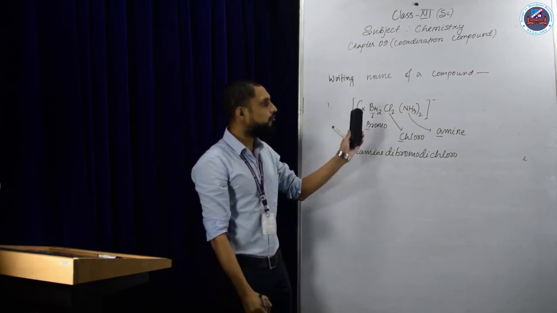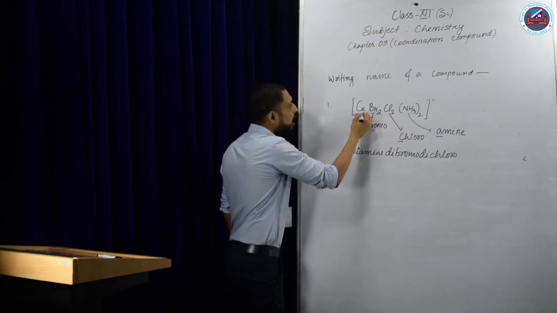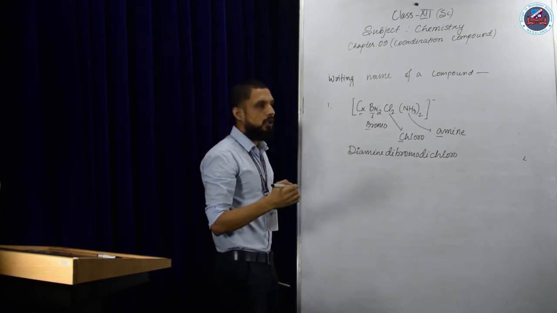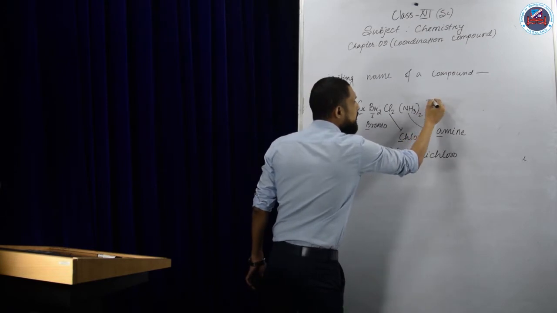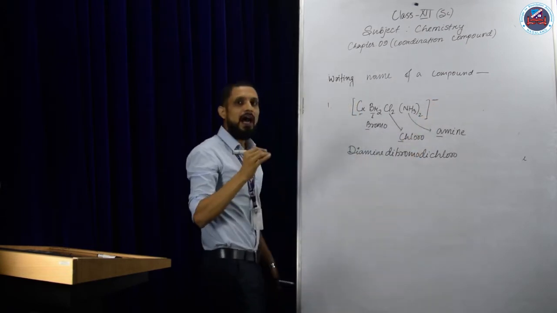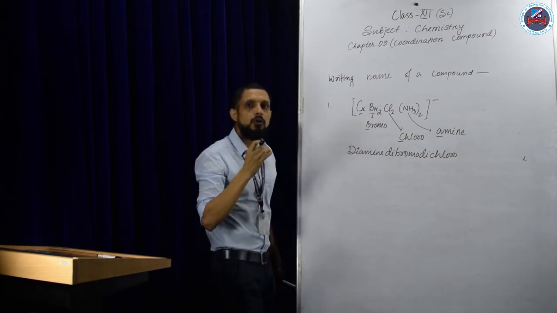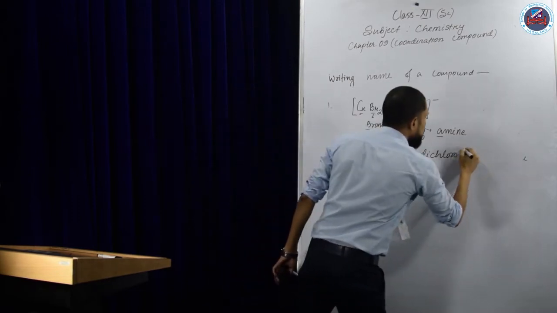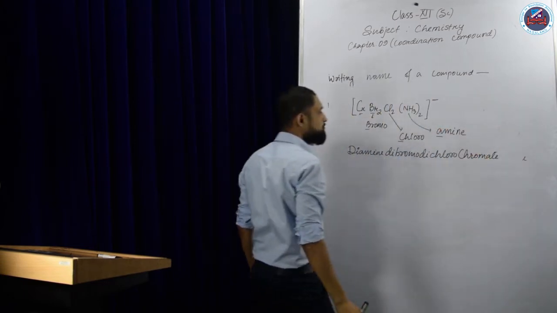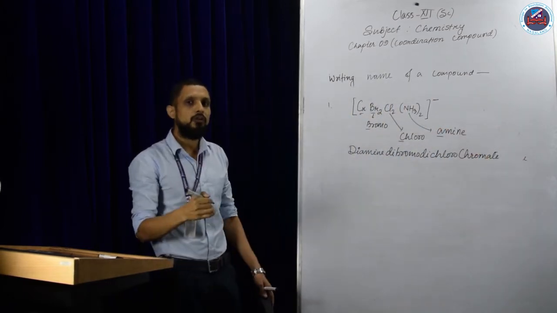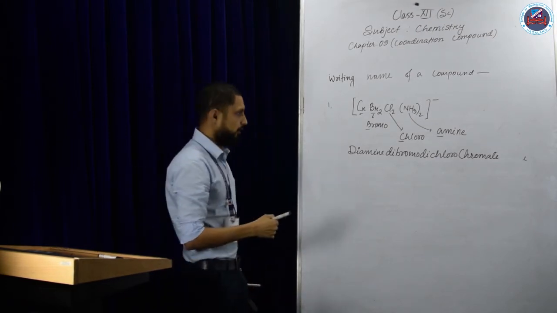Next, the central metal ion. The central metal ion is Cr, that is chromium. But since the complex is negatively charged, that is an ionic complex, chromium will become chromate. Next, we'll calculate the oxidation number of the central metal ion.